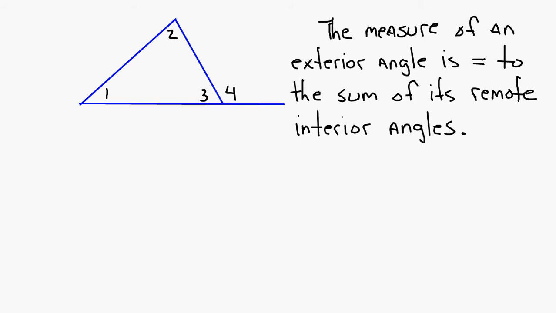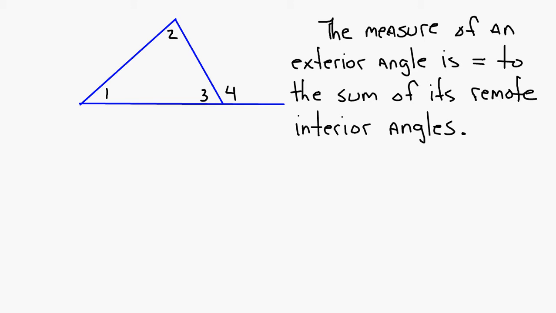Remote interior angles. Remote, I think of far away, because you need a remote control to adjust the TV from far away, so you don't have to get up, right? Angle 4 is an exterior angle. Angle 4 has two remote interior angles, and those are angles 1 and 2. They're far away from it, and they're on the inside of the triangle.